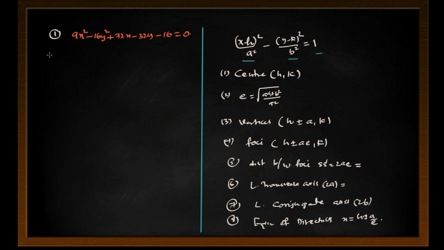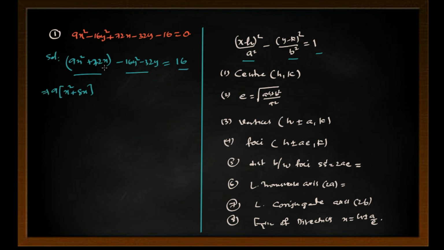So here also, first write down the x terms, that is 9x square plus 72x, on one side. Now minus 16y square minus 32y, the y terms, equals 16, the constant. From the x terms we can take 9 common, so x square plus 8x. Why are we taking 9?